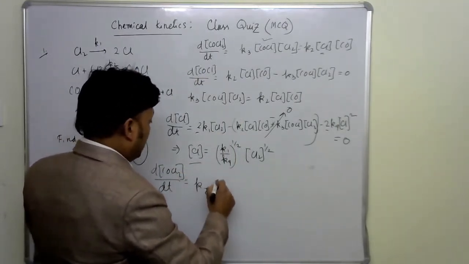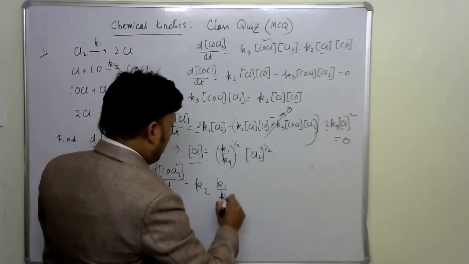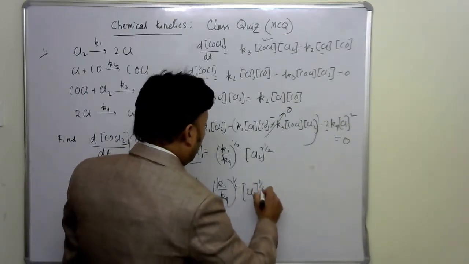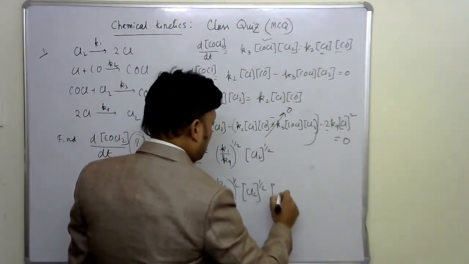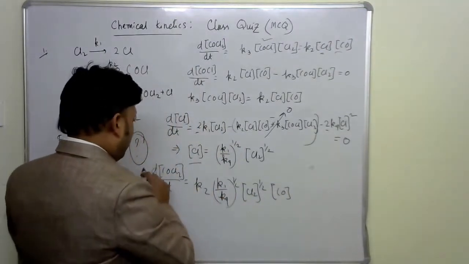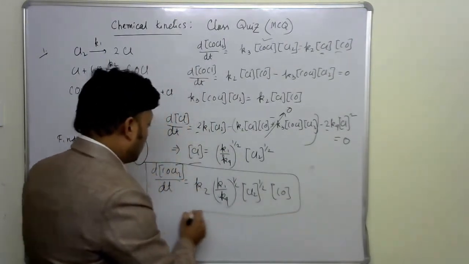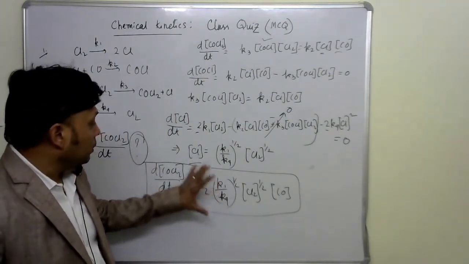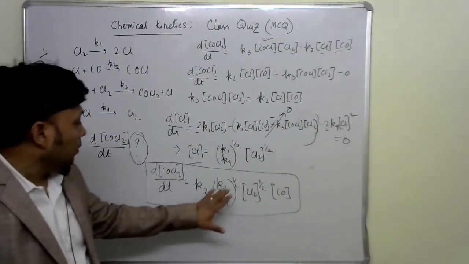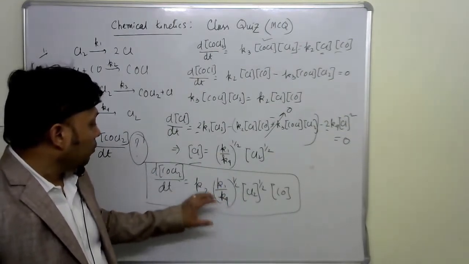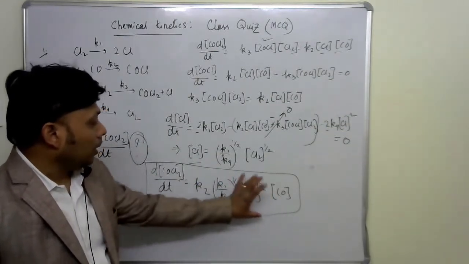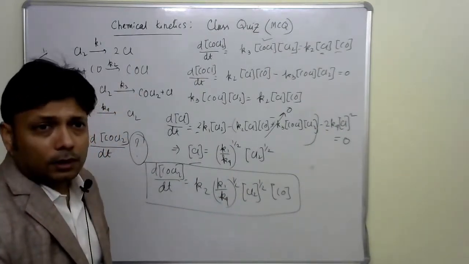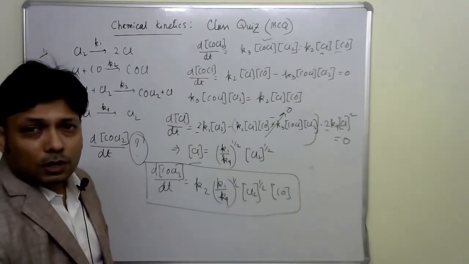The concentration of Cl we can write as K1 divided by K4 whole to the power half, multiplied by Cl2 to the power half, multiplied by CO. So this is the final expression for dCaCl2/dt. If given the numerical data, you can fill in the values of K1, K4, K2 and the Cl2 and CO concentrations, and you can end up with the answer. All right, so let's move on to question number 2.